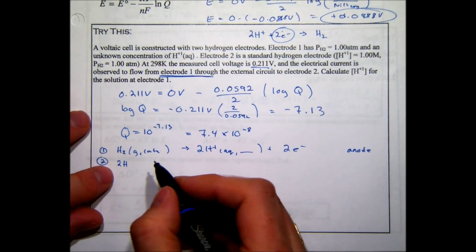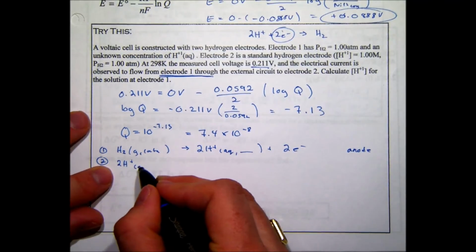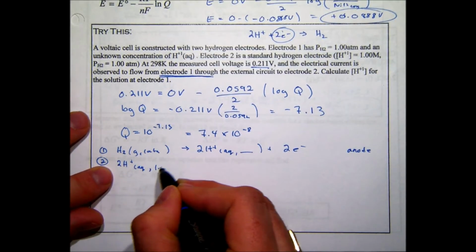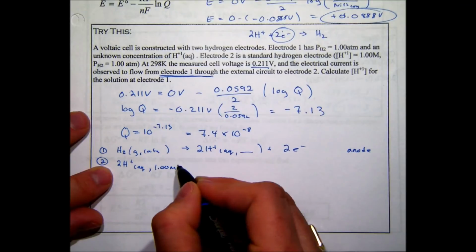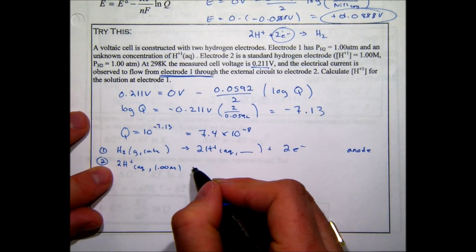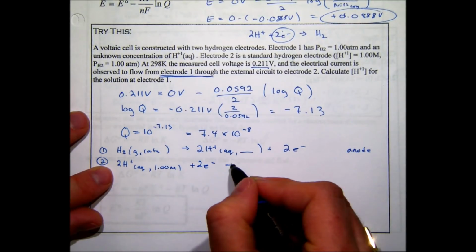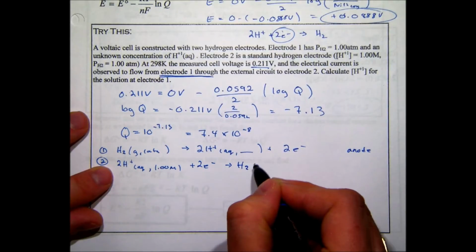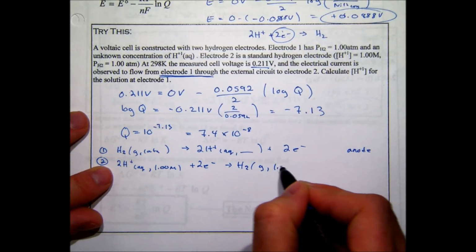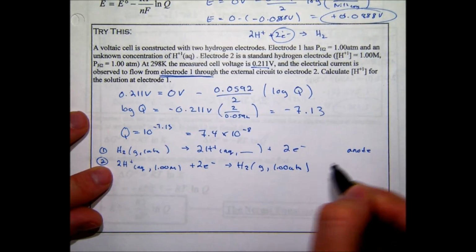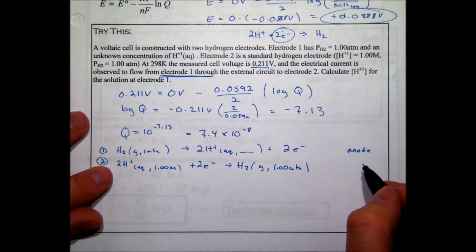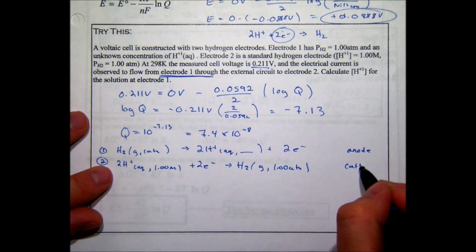So 2H plus, at 1 molar, that's given to us in the question, plus 2 electrons gives me H2, making this the cathode.